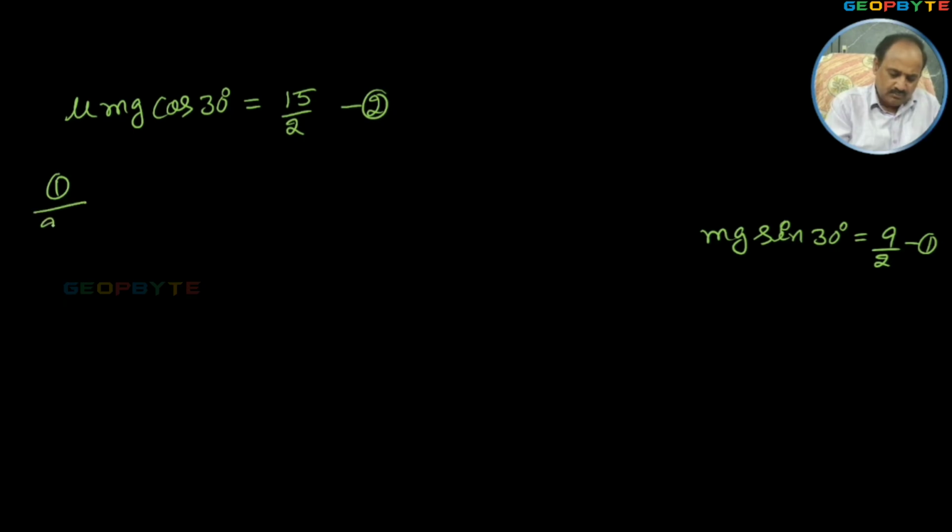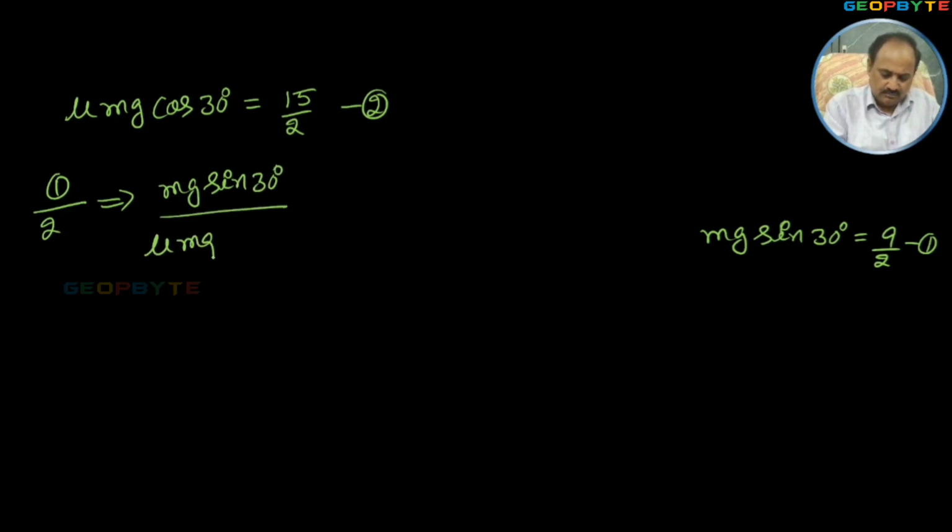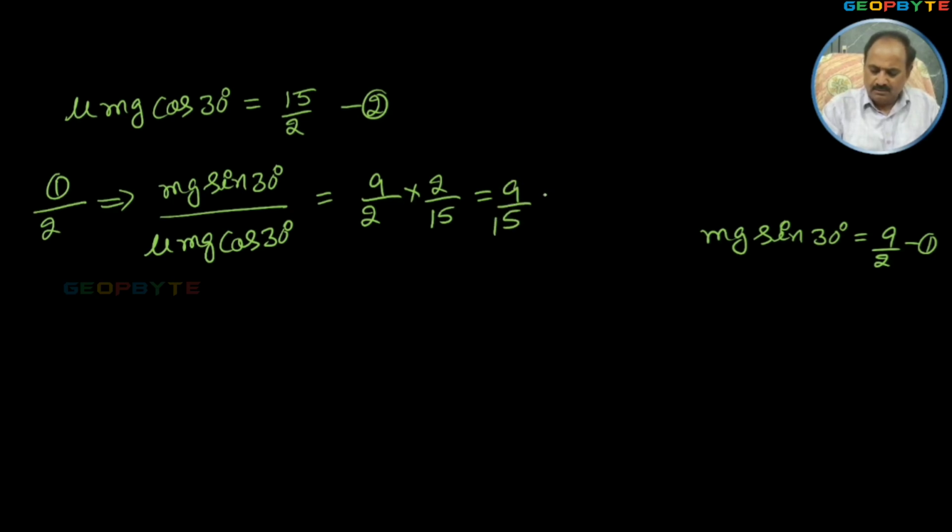Equation 1 dividing by 2, it gives mg sin 30 divided by mu mg cos 30 degrees is equal to 9 by 2 into 2 by 15. It is equal to 9 by 15. 9 by 15 equal to 3 by 5.